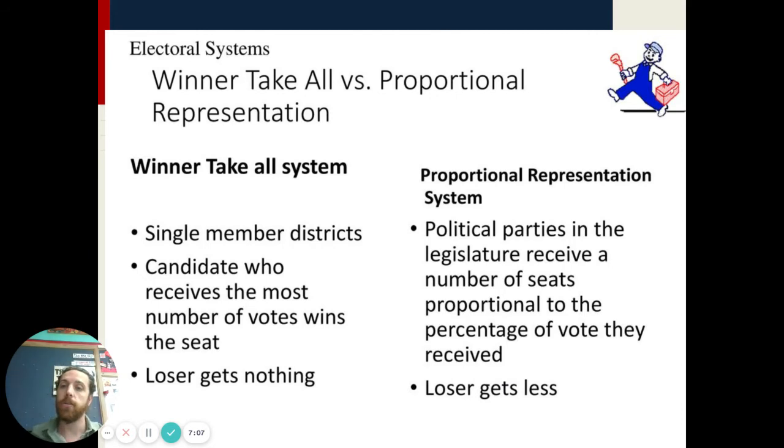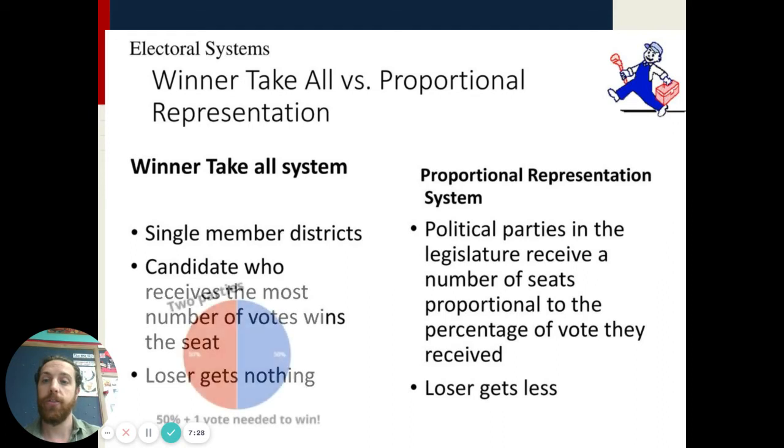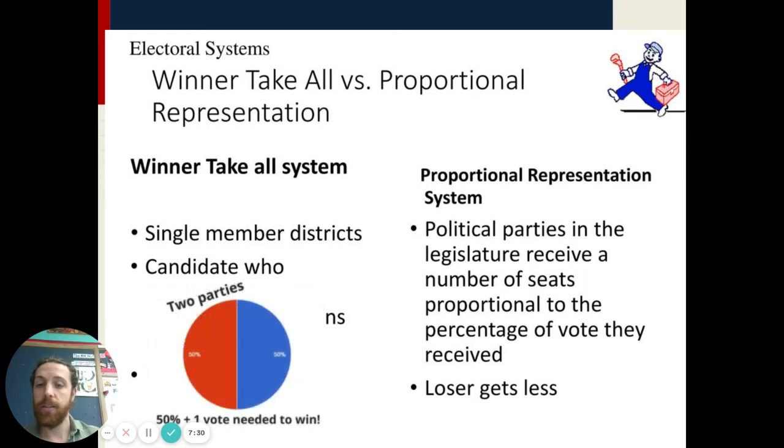In a winner-take-all system, representation is based off of single-member districts. Thomas Worthington is located in the 12th district, and only one person represents the entire 12th district. And because it's a winner-take-all system, the candidate who gets the most votes wins the seat. The loser gets nothing. As you can see here, as long as you get one vote over 50%, you're going to win.